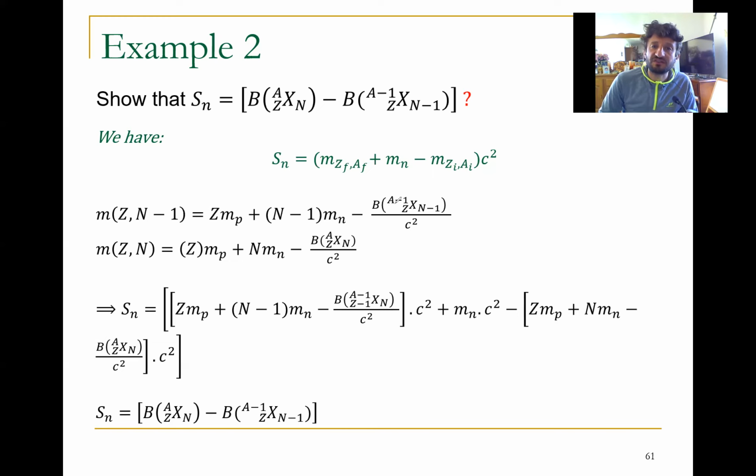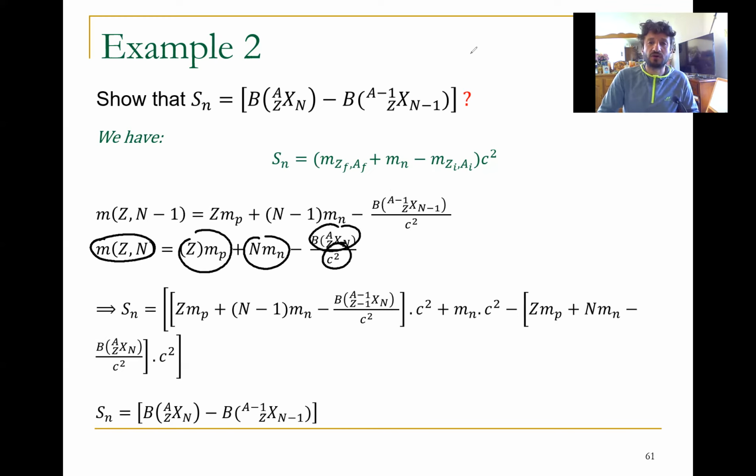You know, the final atom, I repeat, we have A minus 1, Z, and N minus 1. We follow the same procedure to calculate the nuclear mass of the initial atom: Z protons and N neutrons, minus the binding energy divided by c square.